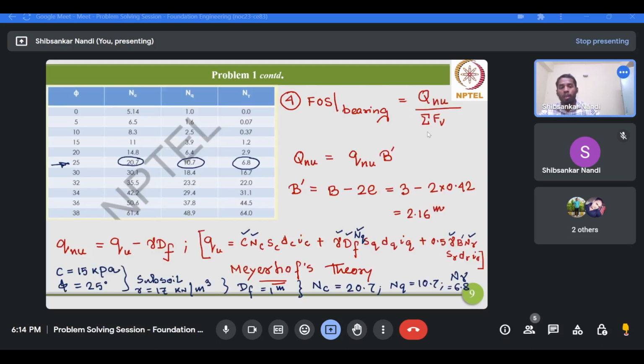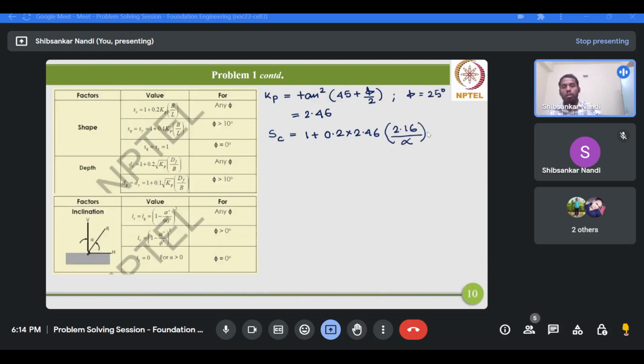Because we are considering one unit strip along the perpendicular to this presentation slide, so this is a strip footing. Therefore Sc, Sq, S gamma will all become 1.